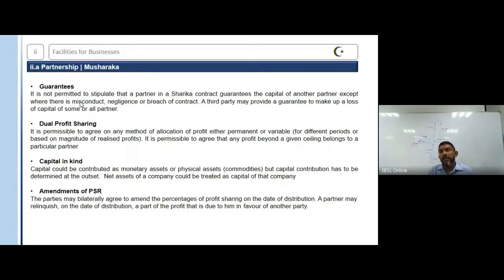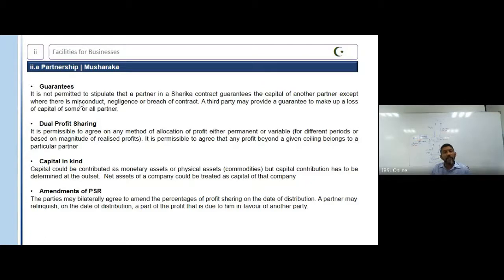In any of these transactions, if the customer already has assets, those can be treated as the customer's capital, based on mutual agreement of both parties on the value of those assets. Then amendments of the PSR. The PSR, I said, is agreed at the onset, 50-50 in our case.